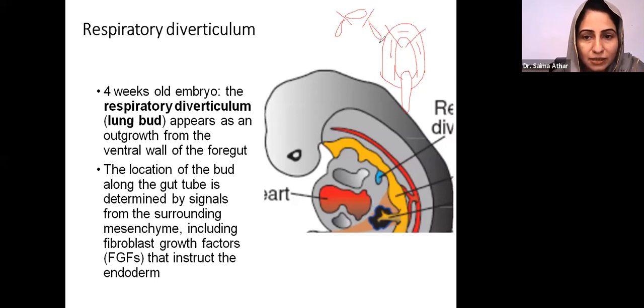That is the pleuroperitoneal membrane, right? So ultimately, we get one pericardial cavity, two pleural cavities, and one single peritoneal cavity, and these are all separated from each other, right? So this is what should be in mind.